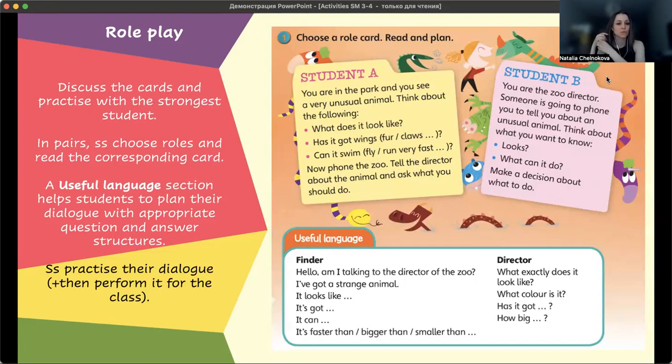Lian, when you use this step number 3 with useful language, do you ask them to take some notes when they're preparing these dialogues, or do they just speak on the spot? On the spot.